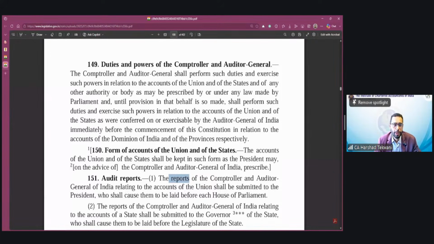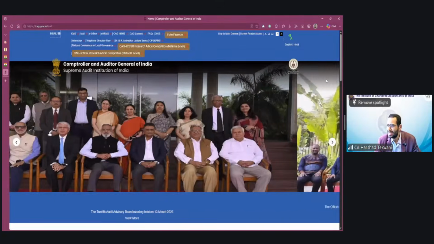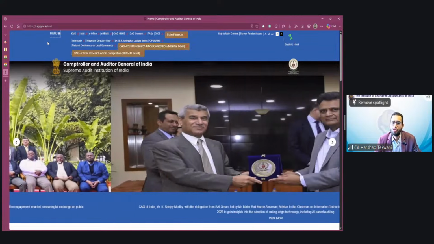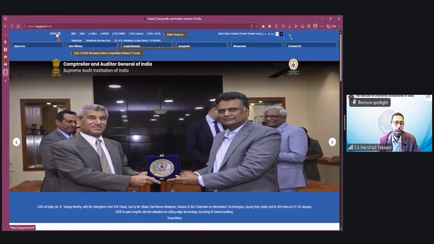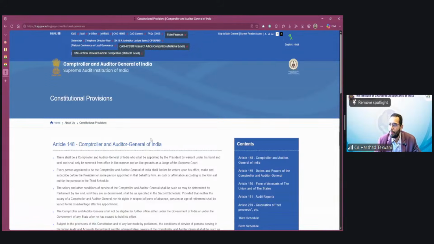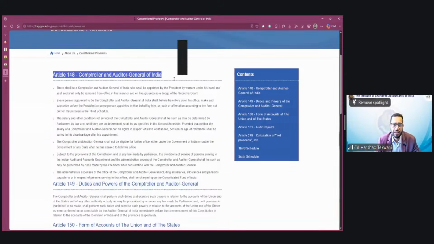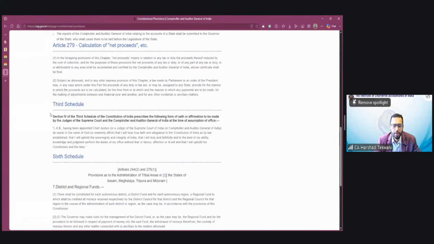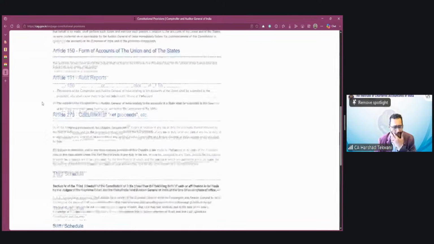Okay. This is the website of the CAG, Comptroller and Auditor General of India, the Supreme Audit Institution of India. Now, if you go to the constitutional powers, they talk about the constitutional powers under Articles 148 to 151. Plus, there is the Third Schedule, and there is the Sixth Schedule, which carries some additional responsibilities.